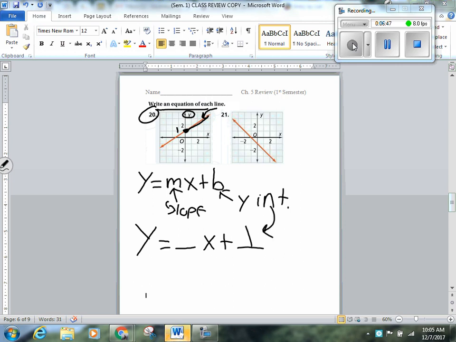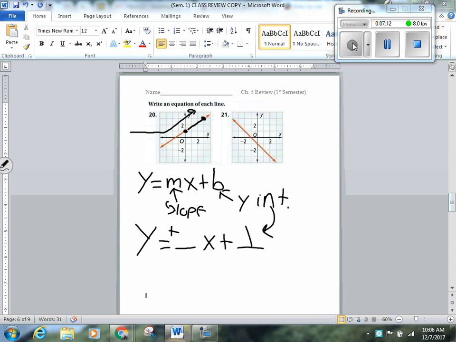Now I have to find my slope. I have to find 2 points on the graph where it crosses at the corner of the box. If I go up this line, I'm looking, it crosses right there. I have 2 points on my graph. What is my slope? I know that it's going positive, so that means I'm going to have a positive slope.